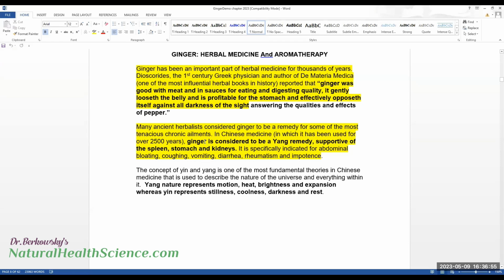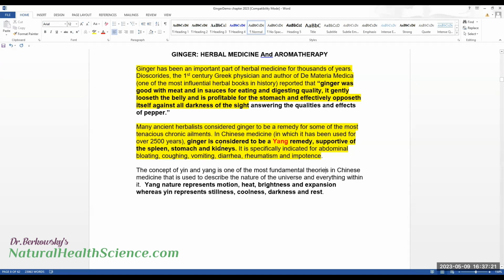Interestingly here, in Chinese medicine, ginger is considered to be a yang remedy. Now, yang would be on the animal side of things. Yin would be more on the plant side, the plant soul, the yin receiving soul. The yang is the more outgoing soul. And it's supportive of the spleen, which in Chinese medicine means spleen and pancreas, the stomach, and the kidneys.